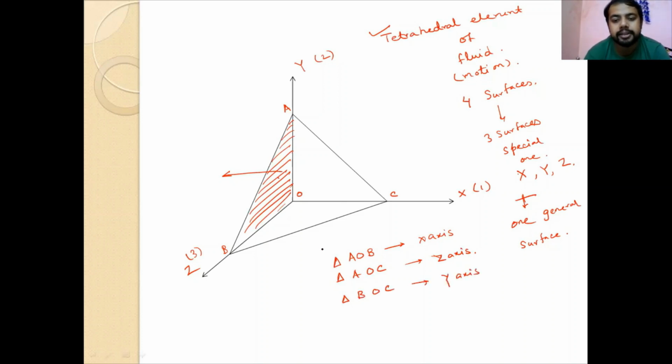These 3 surfaces are the special surfaces, and the surface ABC is the general surface. Generalization of it.